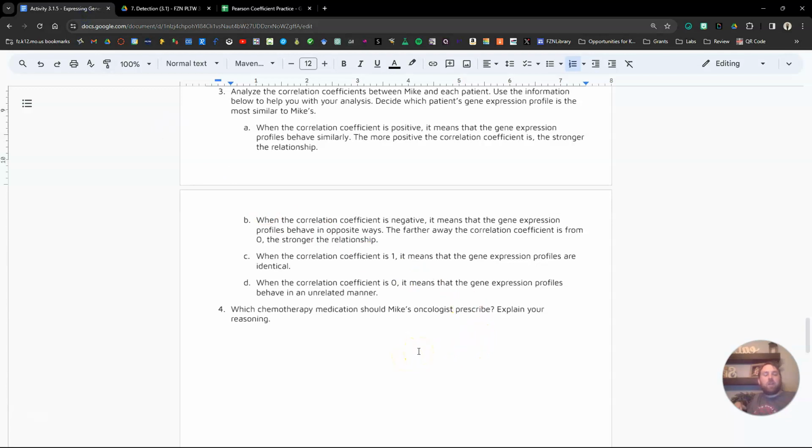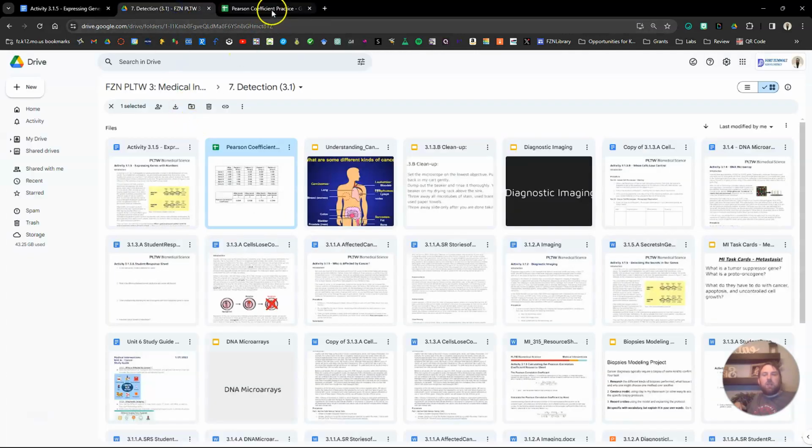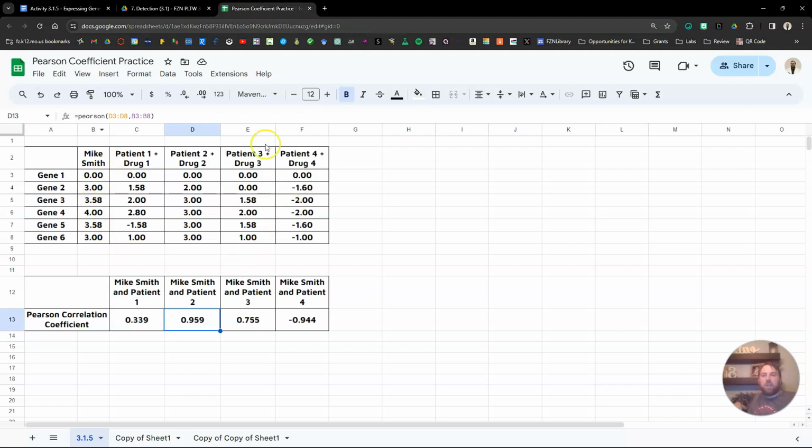Here's what I would expect on a mastery check. You should be able to look at a table just like this and be able to, using this statistical analysis, tell me which patient's treatment should work for Mike Smith.